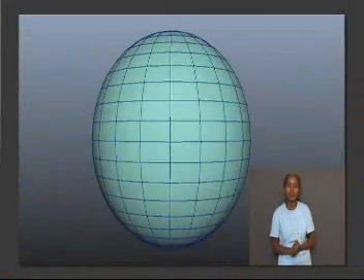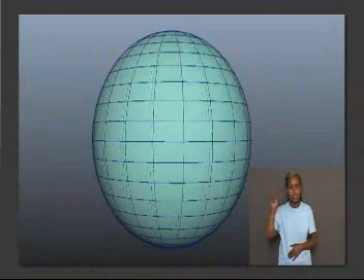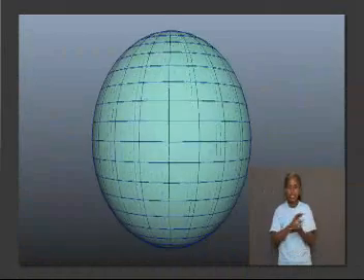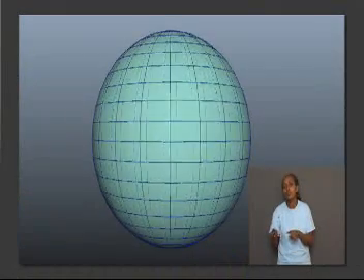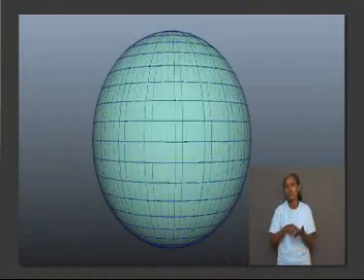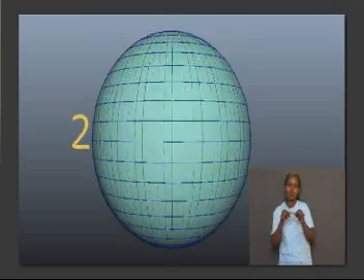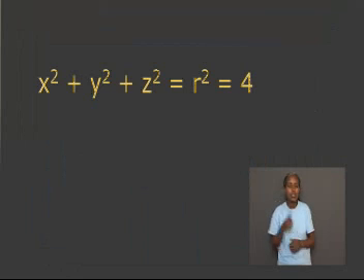Let us consider this sphere and say that the center is also the origin point of space. Its radius is 2 units long. Remember that the center point is located in space by coordinates x, y, and z.